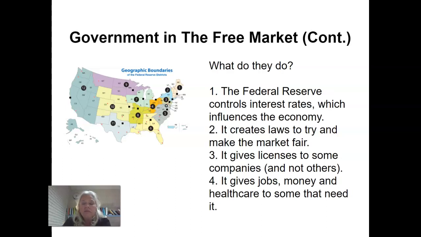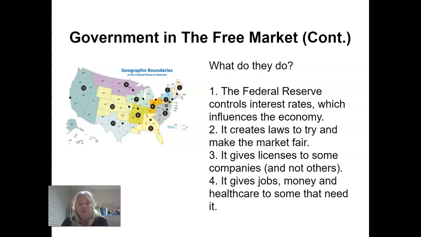Another thing they do is give licenses to some companies and not others. So licenses, for example, if you go to get your hair cut, a stylist and a shop need to have a license to show that they are following proper cleaning protocols, and that they are doing things in a way that is for the health and benefit of the public that it serves.